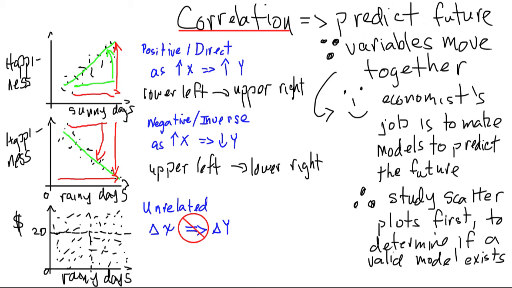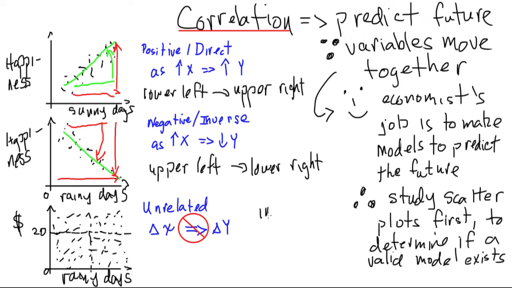So here we've discussed the different types of correlation between the x variable and the y variable, or the relationship between the independent variable on the x-axis and the dependent variable on the y-axis. One more time.